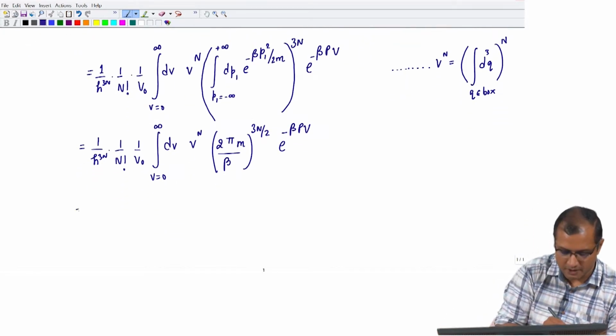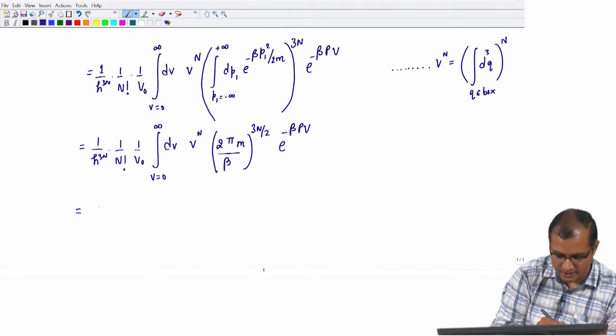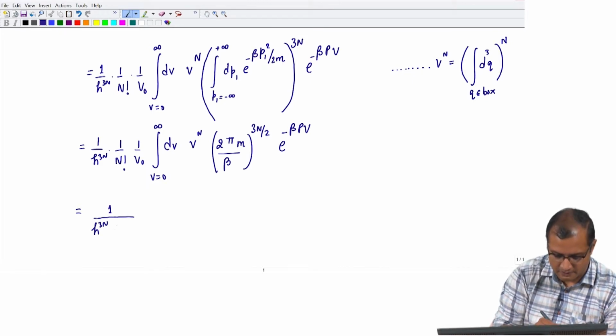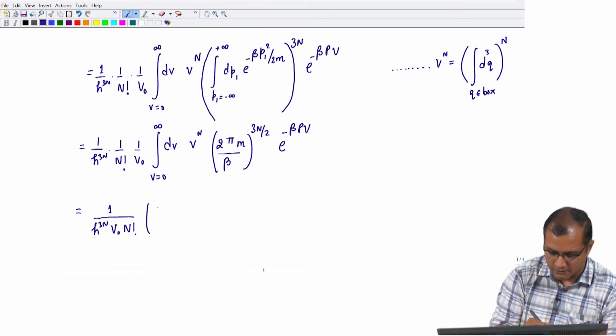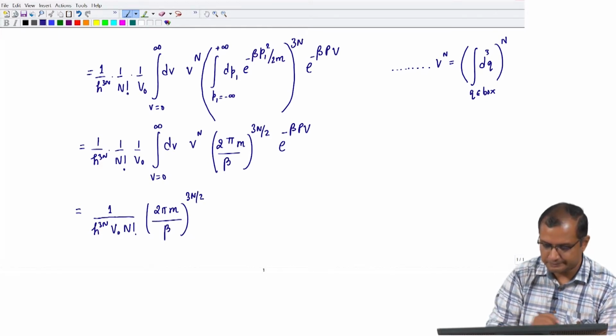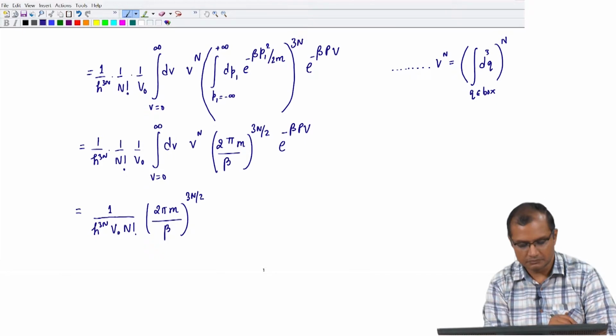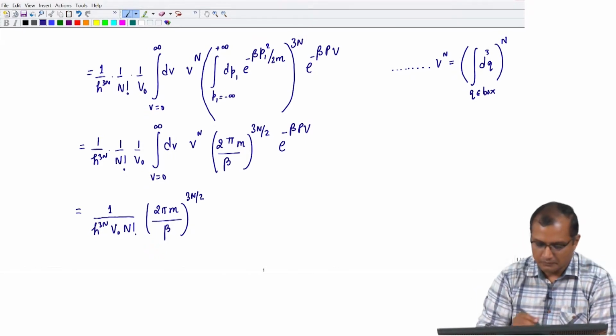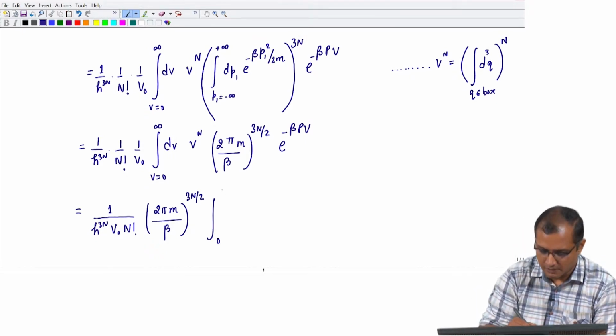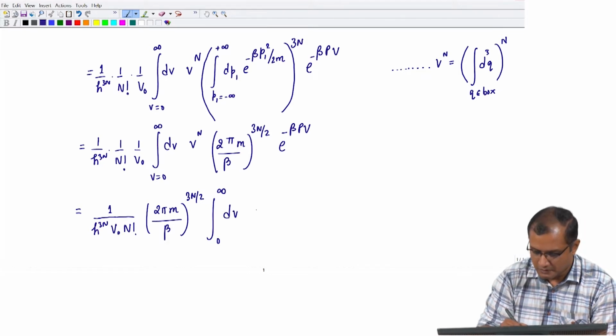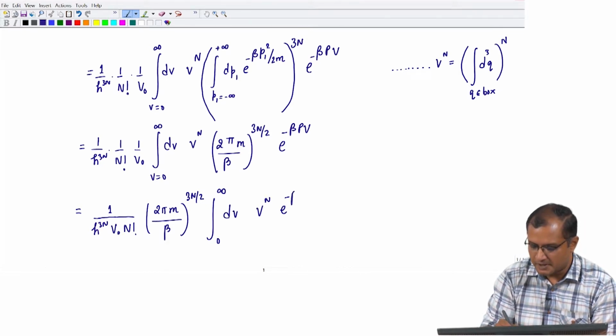So, I can bring out the constants outside. What I will have is basically just 1 upon h to the power 3n V0 n factorial into 2 pi m upon beta raised to 3n by 2, into the volume integral V raised to n e raised to minus beta pV.